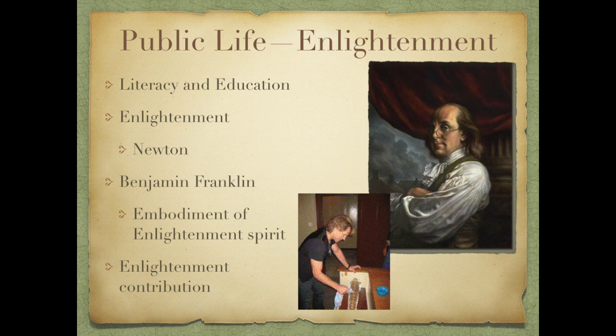Enlightenment ideals combined confidence in human reason with skepticism towards beliefs that were not founded on logic and science. Newton was a major source of Enlightenment thought, and in fact was concerned with far more than just the sort of gravity of Earth.